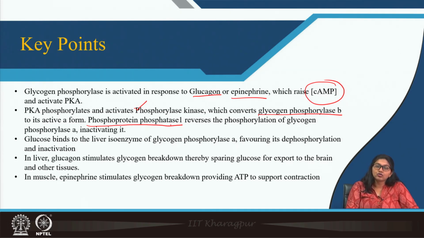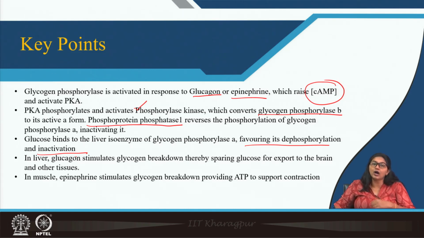Now, glucose binds to the liver isoenzyme, favoring its dephosphorylation and inactivation. By this, glucose can act as an allosteric inactivator or inhibitor in liver.